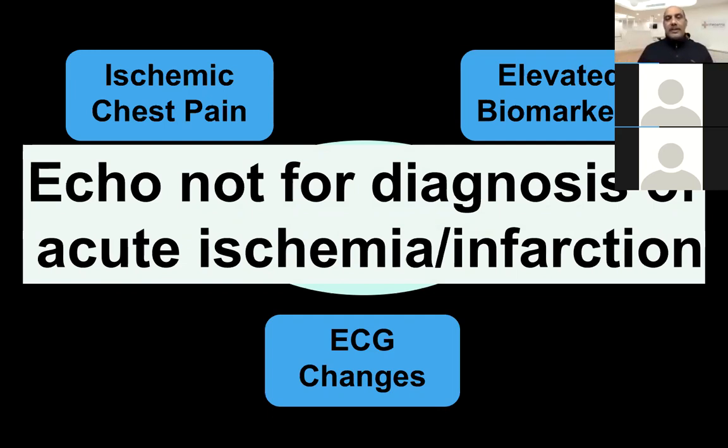The only way it can predict that this area is dead is by the presence of scarring. And in the acute term, when the acute coronary syndrome presents, it cannot differentiate myocardial infarction versus ischemia because the scarring would take weeks to months to develop. And that is the lacuna of echocardiogram. We should not diagnose infarction in acute coronary syndrome settings in acute emergencies.